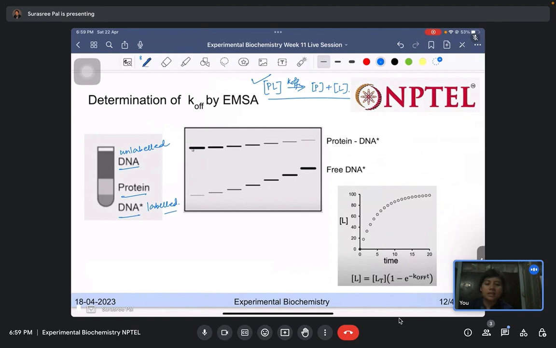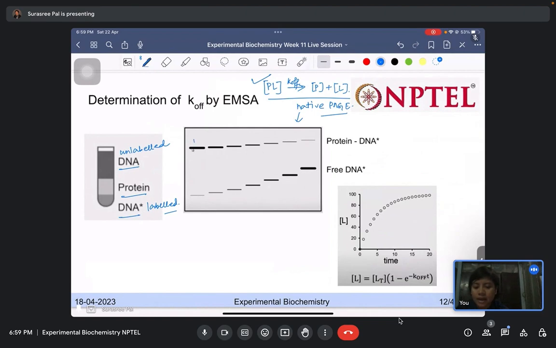So this is again native PAGE, and while this gel is running, we will keep adding some amount of the sample at particular time intervals.